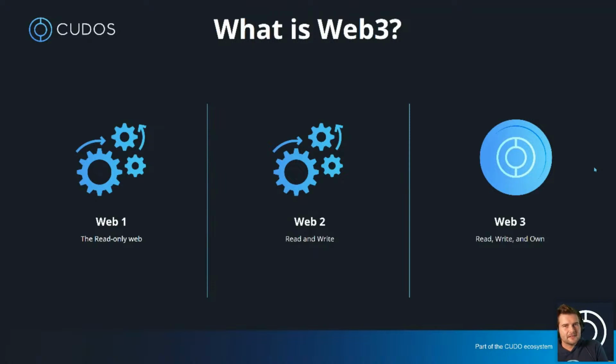But then in the mid-noughties, we see Web 2 starting to become more prominent. One of its main characteristics and its main poster childs was the rise of social media. And so Web 2 gave us this ability to not only read from the web, but also write to it.